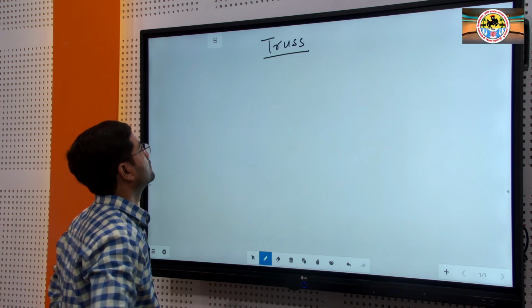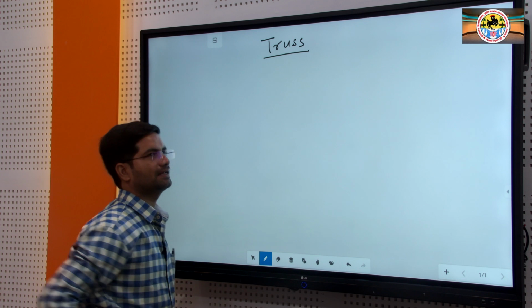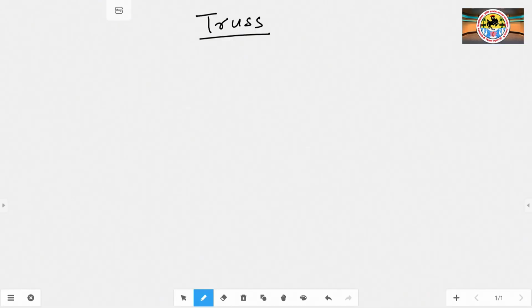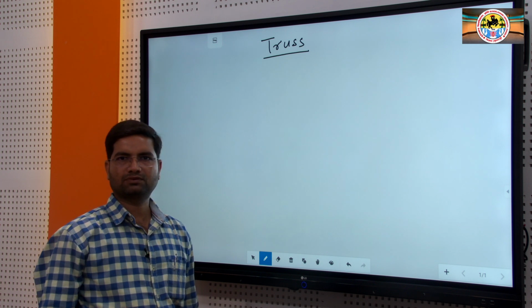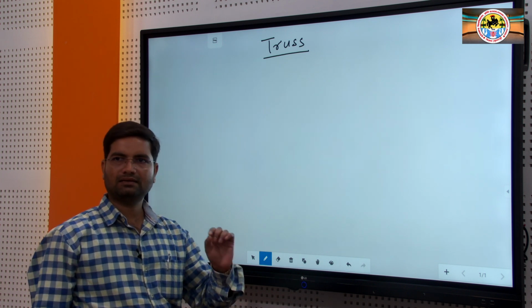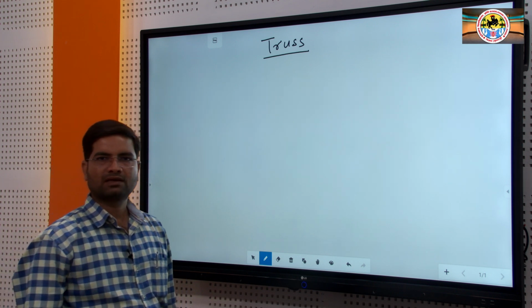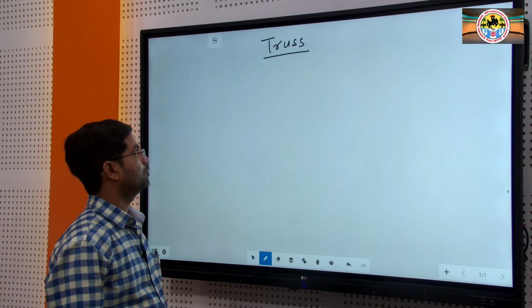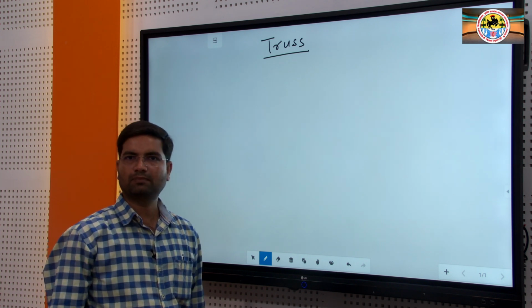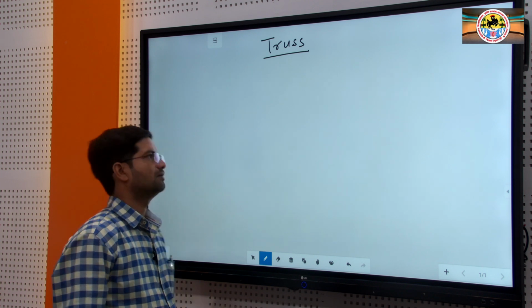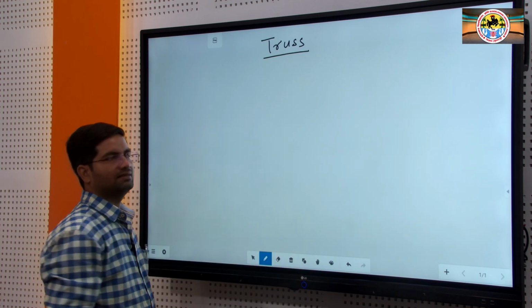Now, the truss has a certain number of members, and these members are connected to each other with the help of pin joints, either hinge supported, or they may be welded with each other at the ends of the joint. Where they are pin supported, that point is known as a joint. So, the basic components of the truss are the number of members and the number of joints. This is the basic definition of the truss.